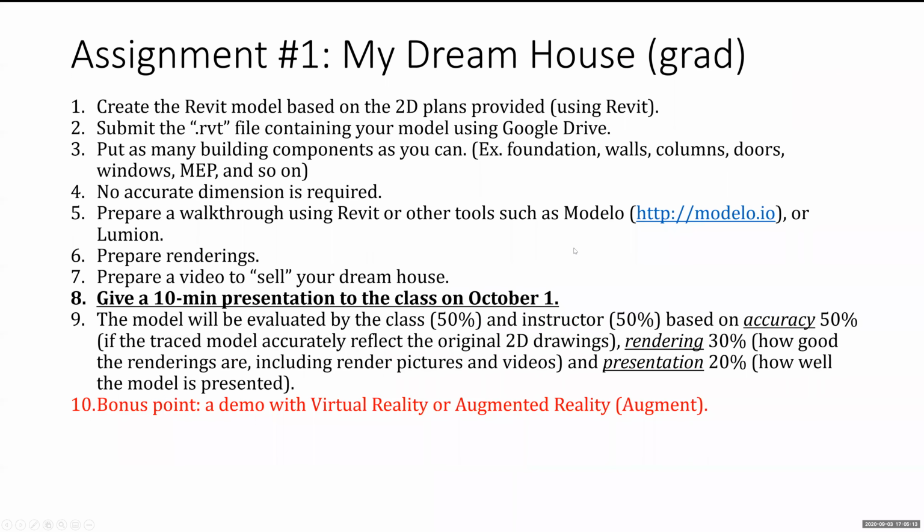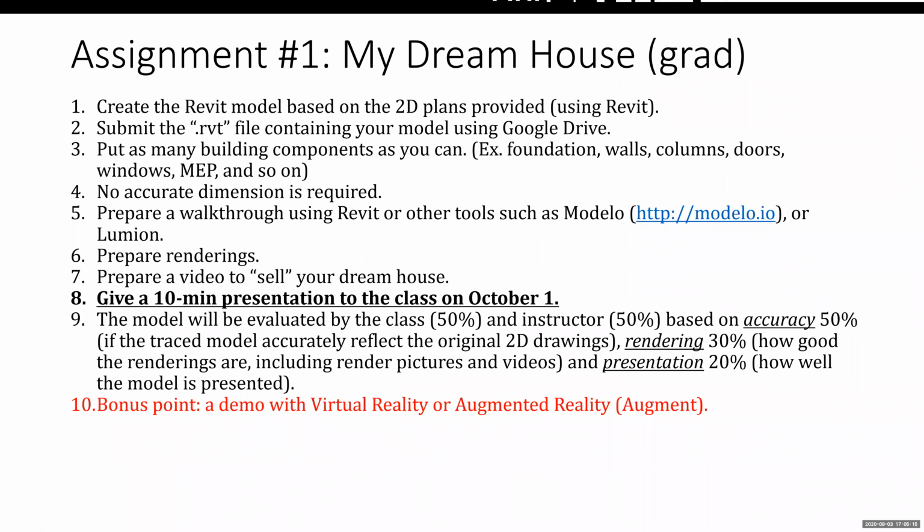The second one, for graduate students, unfortunately, graduate students cannot have your dream. I will give you some 2D drawings, and you have to do something called model tracing. This happens a lot in the construction industry. A lot of contractors want their own BIM model for construction coordination, but the designers refuse to give them the BIM model.